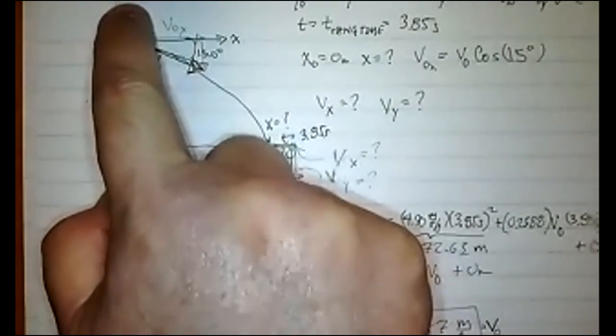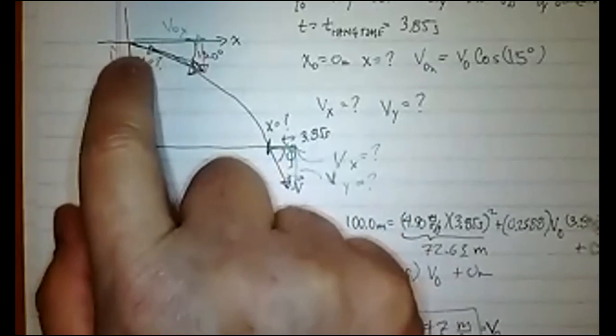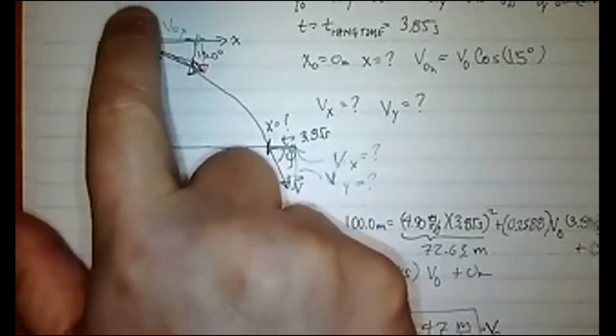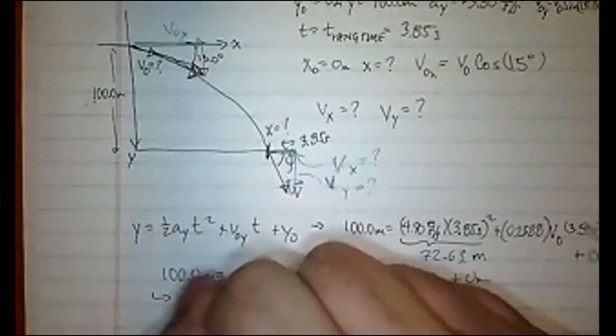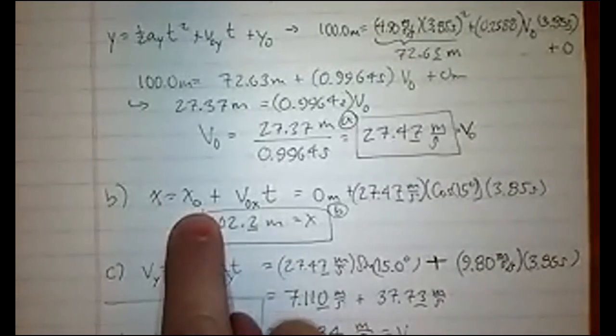If, however, it started above, maybe I said the initial height was 110 meters above, and I had arbitrarily chosen the origin to be at 100 meters above, then that would be a negative 10, not only because the coordinate says that, but because that's actually trying to make that y smaller. So you can sort of think of whether the things in the equation are making things larger or smaller. And this is another case in point.